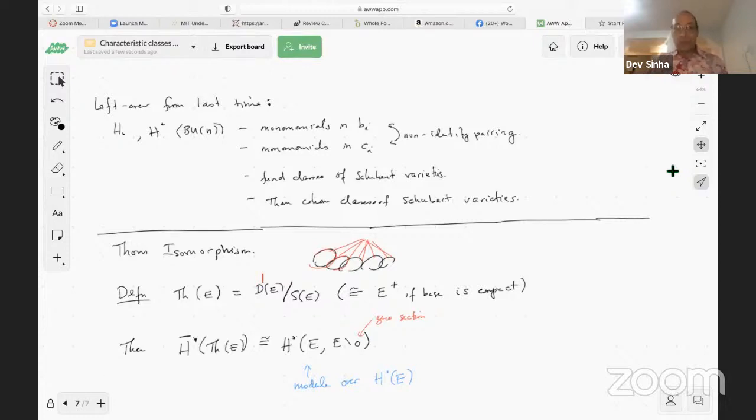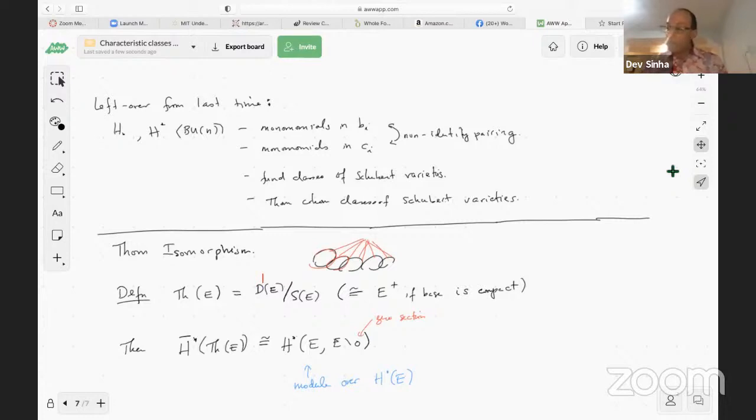Again, these relative things are cochains that must evaluate to 0 on any chain that lands in E minus 0. In other words, any chain that doesn't touch the 0 section, the cochain had better be 0. If you look at the definition of cup product, then cup product will let us cup together the cochain on E and this relative cochain which vanishes on E minus 0. So that's a convenient module structure.